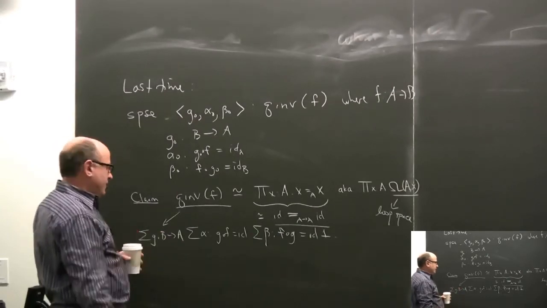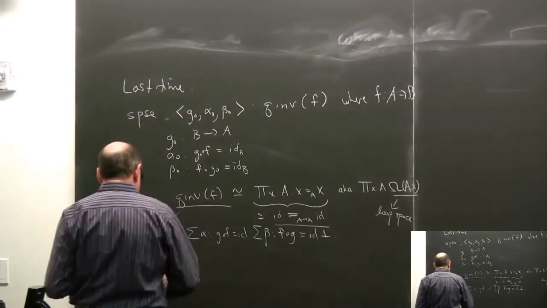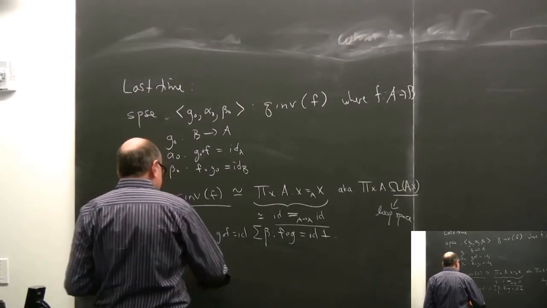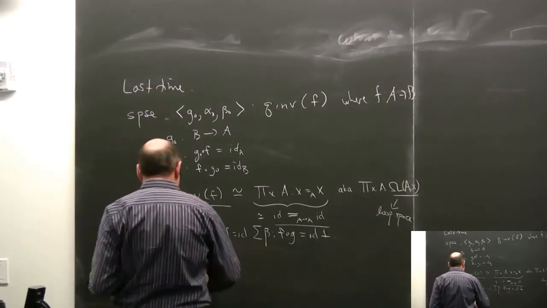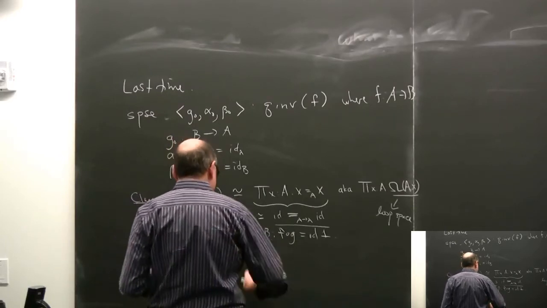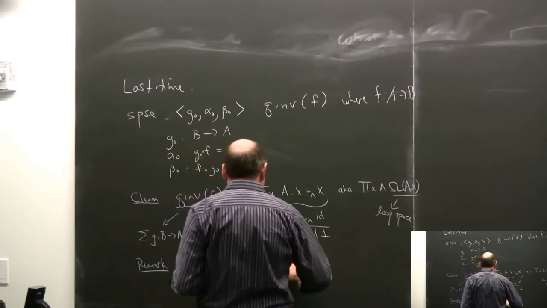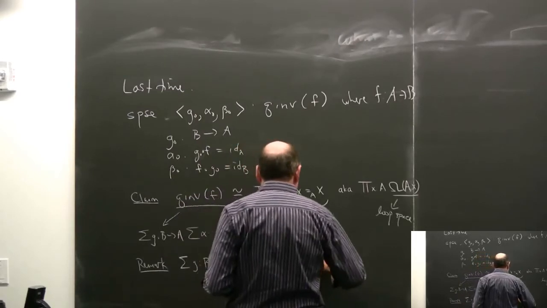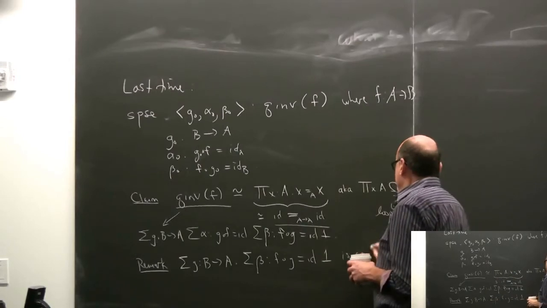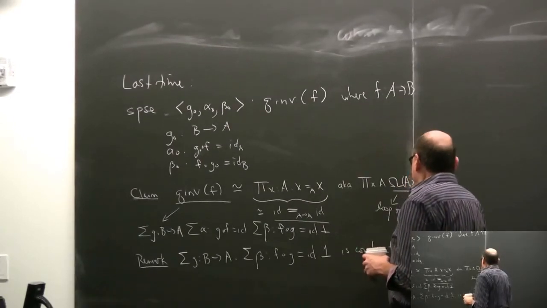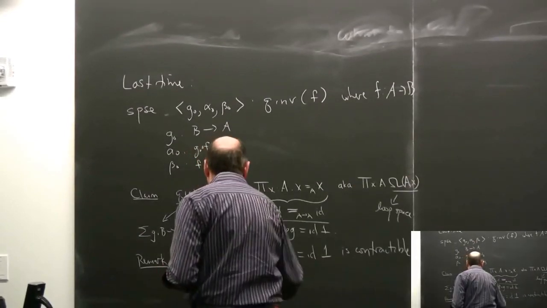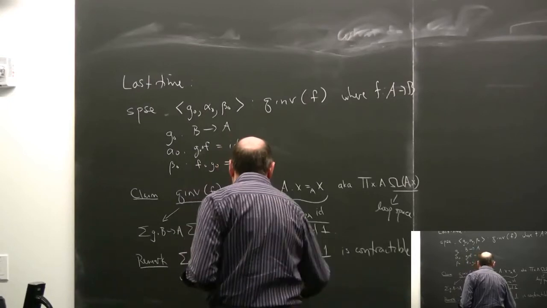So here's the point. The remark is that two thirds of this, namely sigma g in B arrow A, with sigma beta, f composed with g is the identity, is contractible with center g naught, beta naught.